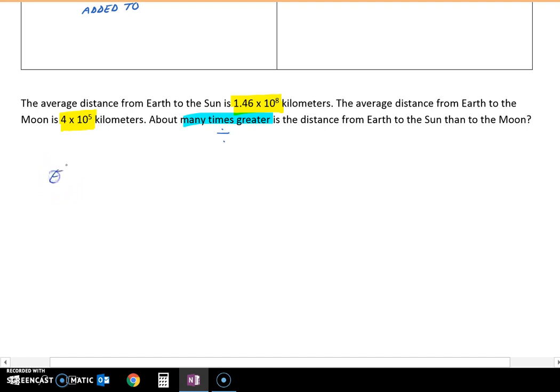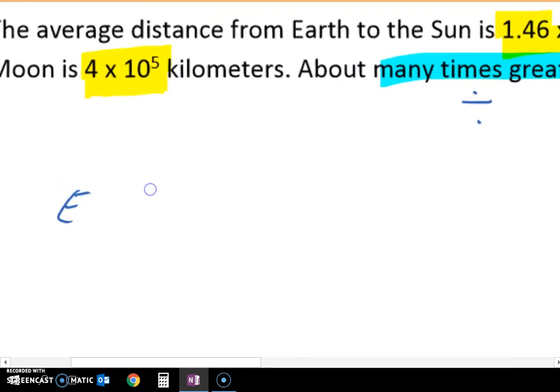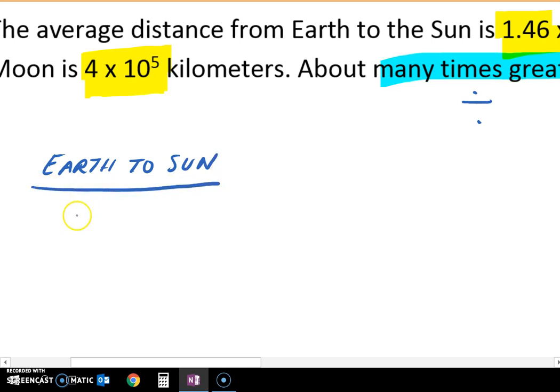for is, I'm going to have to zoom in here and watch my handwriting. I'm looking for Earth to the Sun divided by Earth to the Moon.